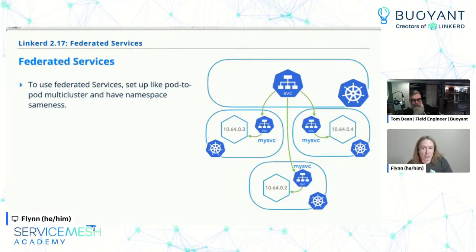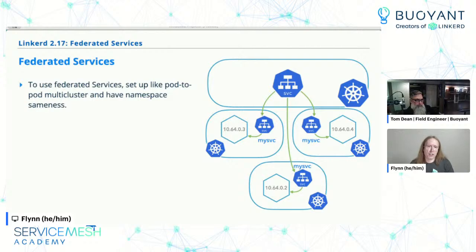So to do federated services, the first critical thing is that you have to set up the world like you're doing pod-to-pod multi-cluster, which means that a pod in this top cluster that I've shown in this diagram must be able to route by IP address directly to pods in all of the other clusters. If you're doing this in Docker on your local laptop, this is not a difficult thing to set up.